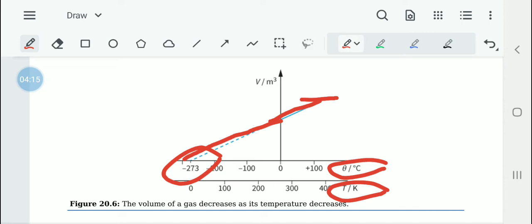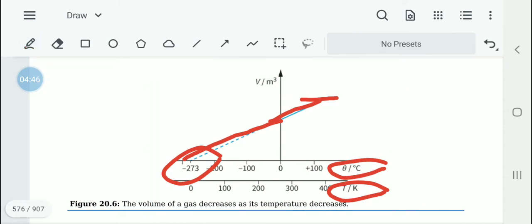Because there is so much empty space between electrons and protons. So we are made up of almost that empty space. It is hard for us to understand it, but theoretically it is something that we need to understand. So at 0 Kelvin, it has almost no volume. That is the theoretical explanation that is given here.